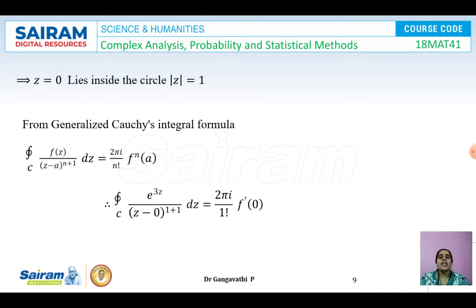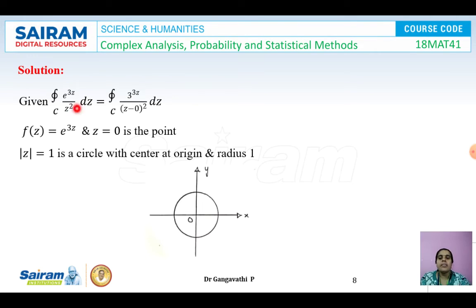So z is equal to 0 lies inside the circle, mod z is equal to 1. Therefore from the generalized Cauchy's integral formula, we have to use the generalized formula because the given term has the square. If it is power 1, then we can use Cauchy's integral formula.